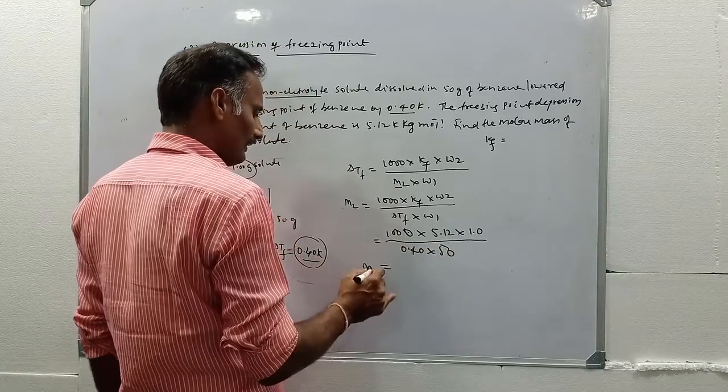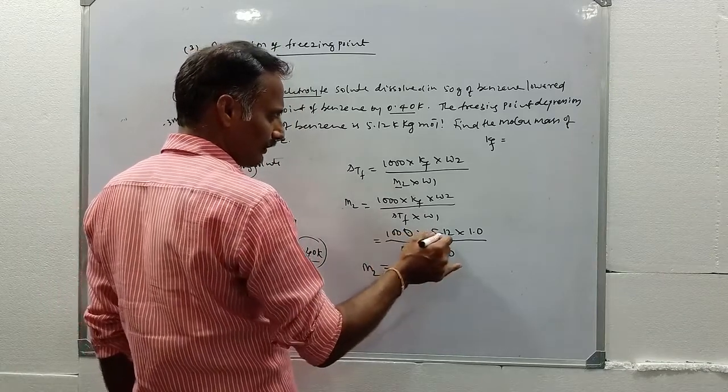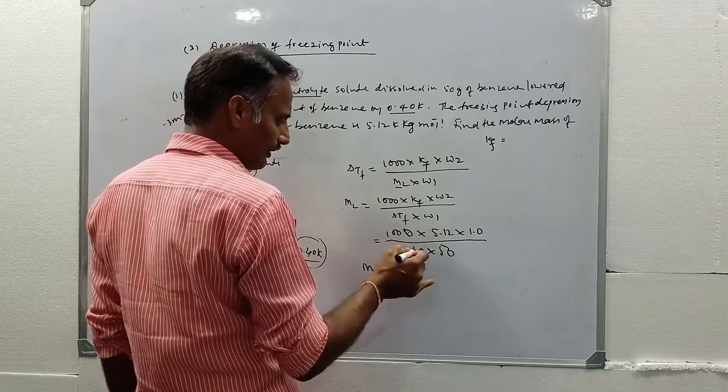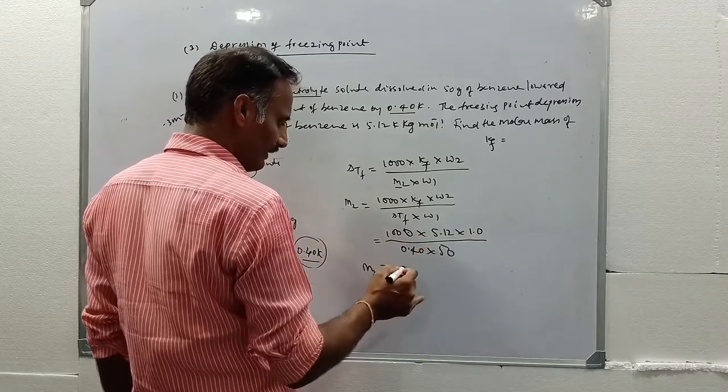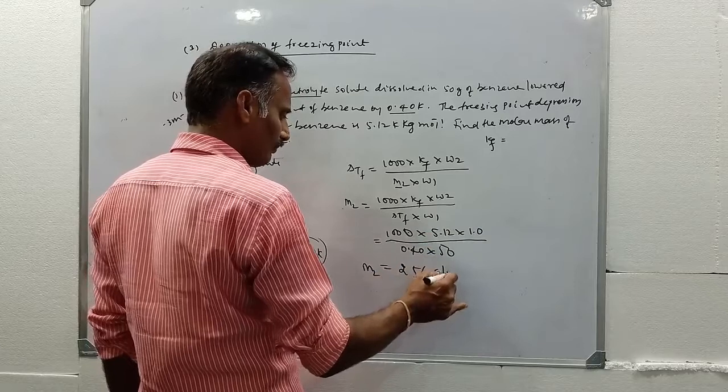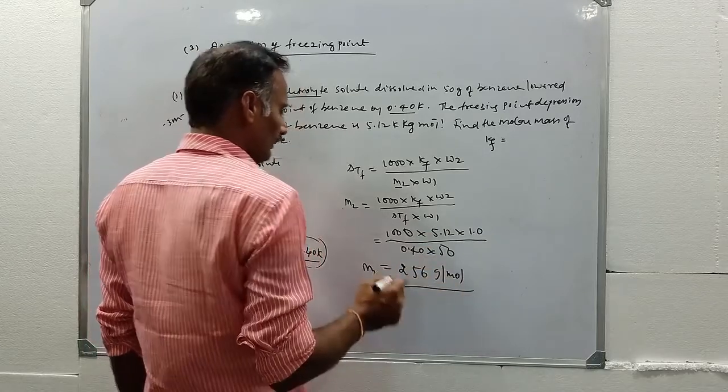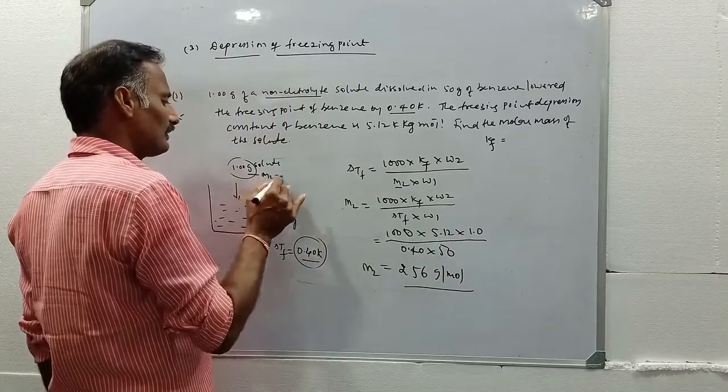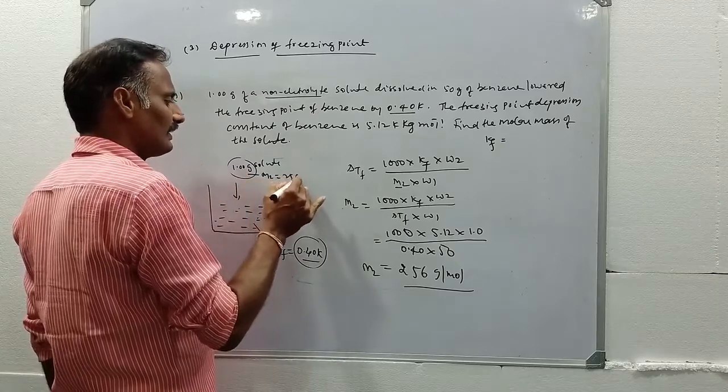On solving this, 1000 into 5.12 divided by 0.40 into 50, you will get 256 gram per mole. This is nothing but its molar mass. The molar mass of the solute is 256 gram per mole.